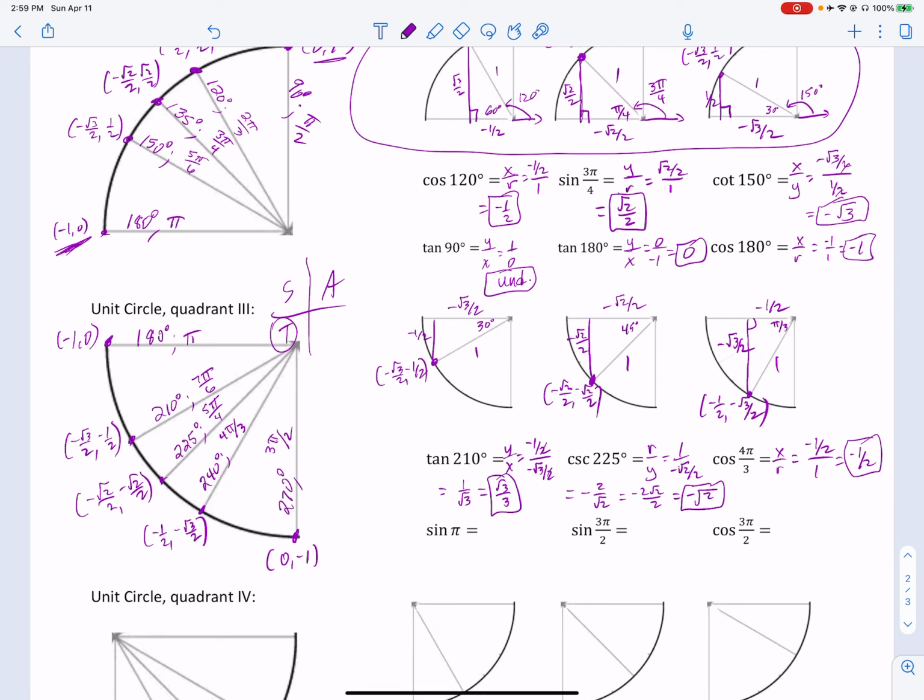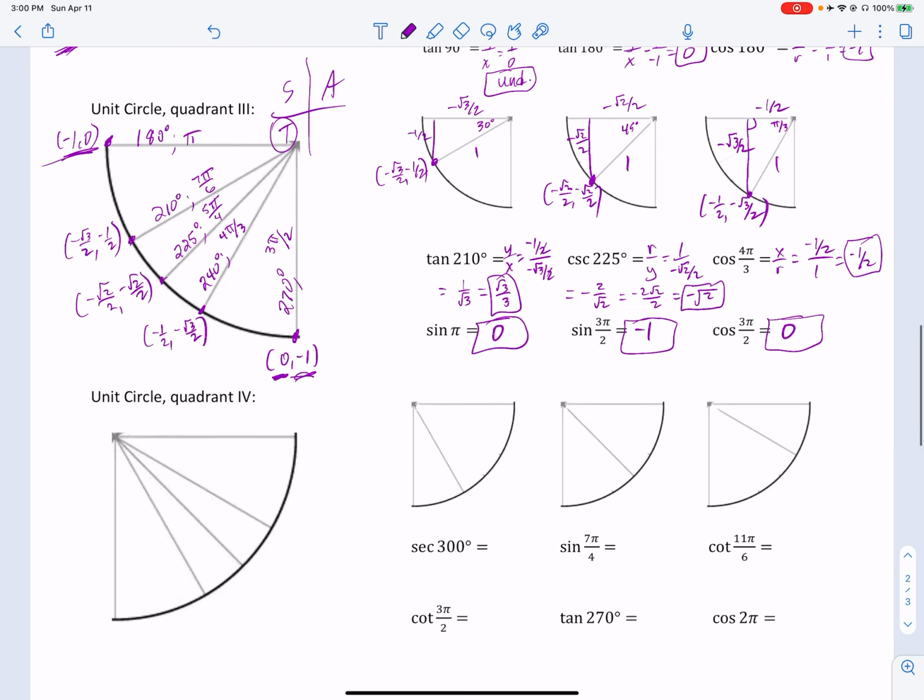And so sine of pi, we want to go to where we have pi, and it's the y coordinate. It's 0. Sine of 3 pi halves, go down to the 270, and the y coordinate there is negative 1. And cosine of 3 pi halves, it's the x coordinate at 270, it is 0. When you're on the unit circle, that's how you can get those values.